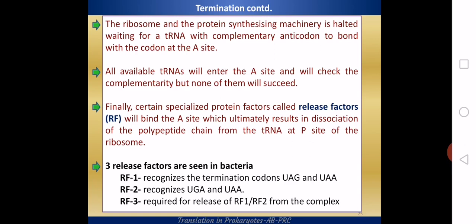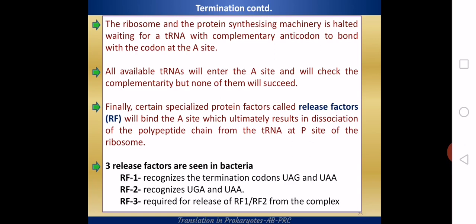So there are release factors involved in termination, and in prokaryotes we have three release factors: RF1, RF2 and RF3. RF1 and RF2 belong to a particular class called class 1 release factors, and RF3 is a class 2 release factor.